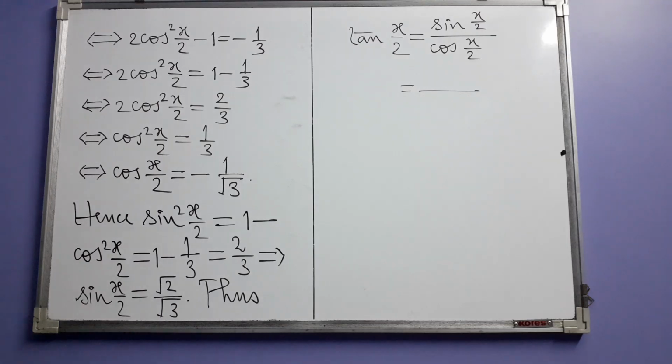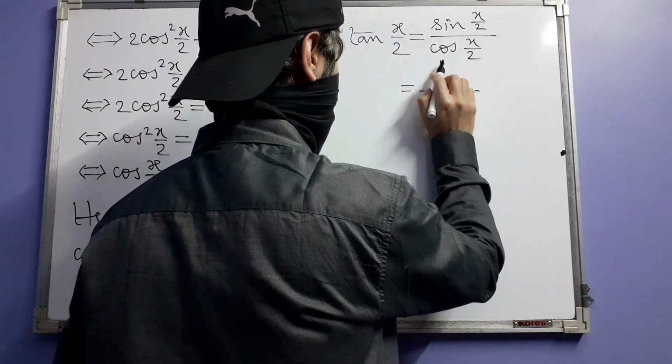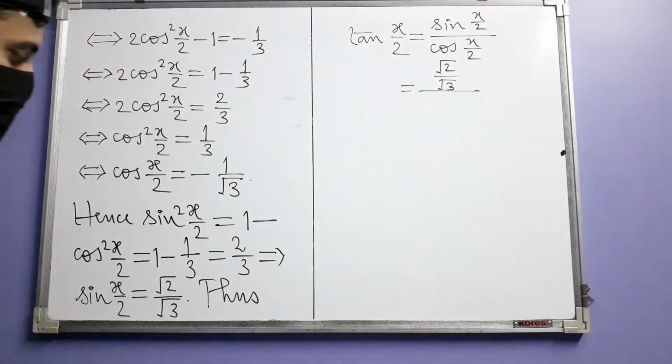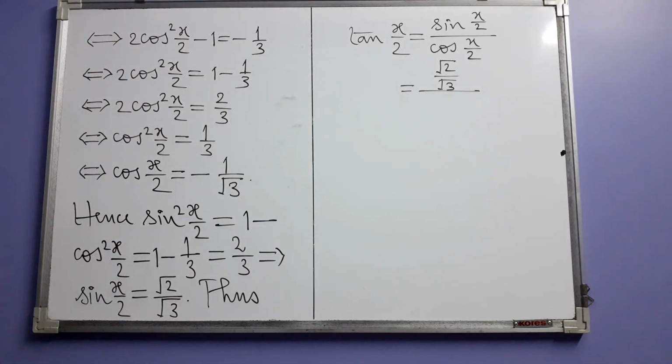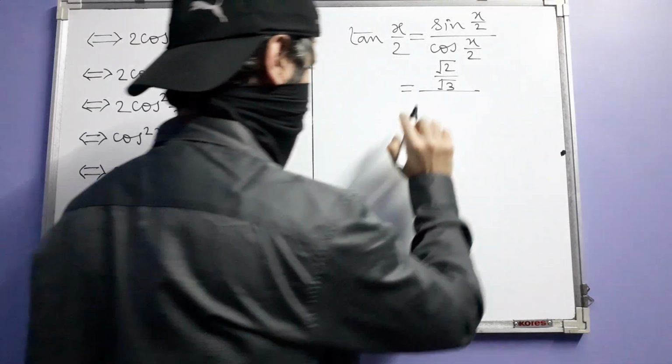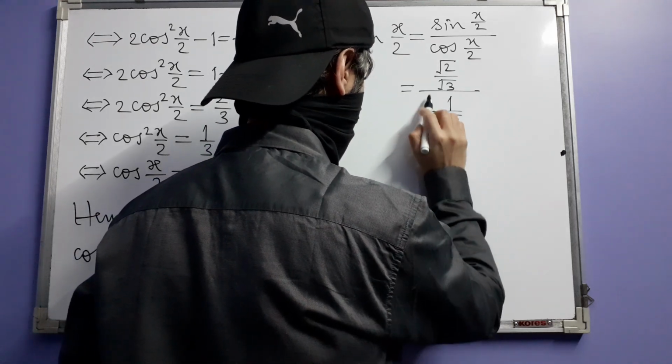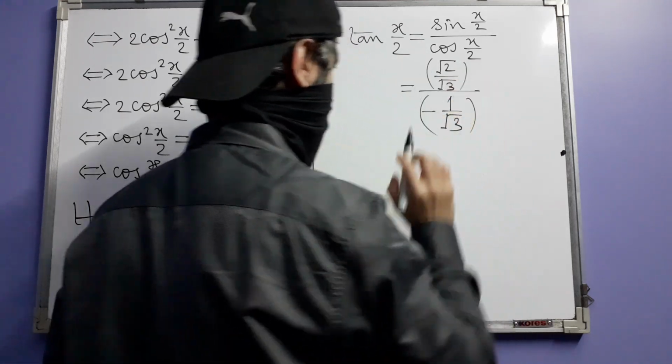So sin x over 2 is square root of 2 divided by square root of 3, and cos x over 2, do not forget the minus sign, okay, minus 1 over root 3.